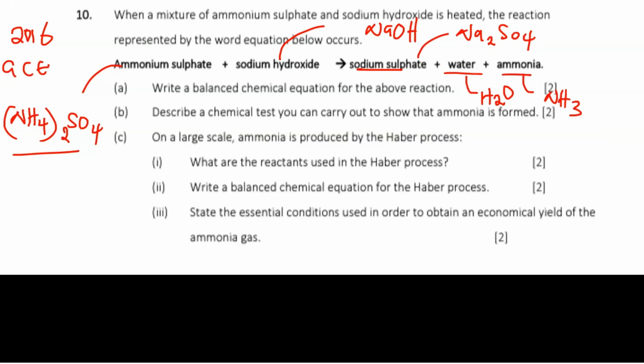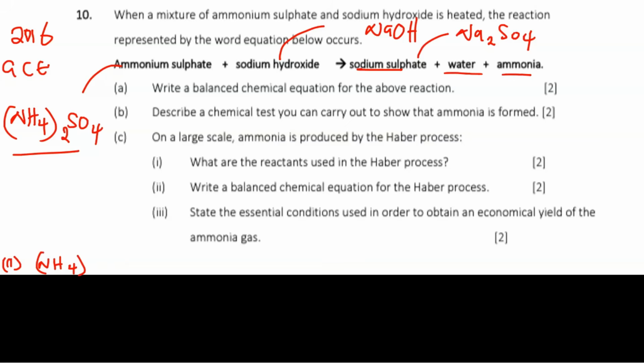Since ammonium sulfate reacts with sodium hydroxide, we are going to start writing now. Let me just put it here under the question. So ammonium sulfate, which is a salt.